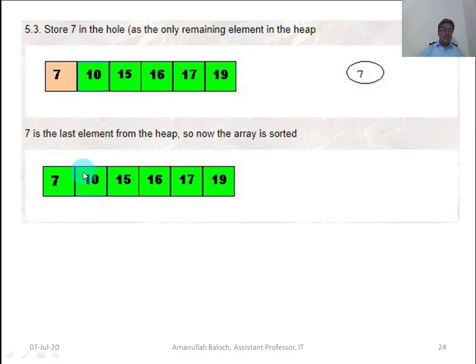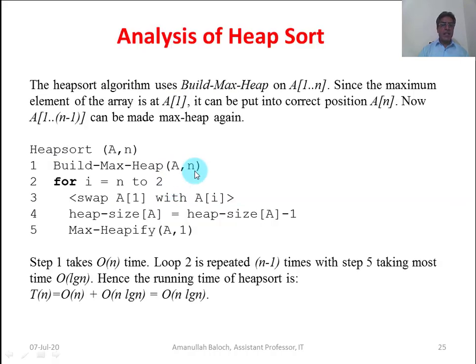And now this array has been sorted. 7 is the smallest element, 10 is the next largest element, 15 is the next, then 16, 17, and the last largest element is 19. This is the sorted array, and this array has been sorted through the heap sort algorithm.